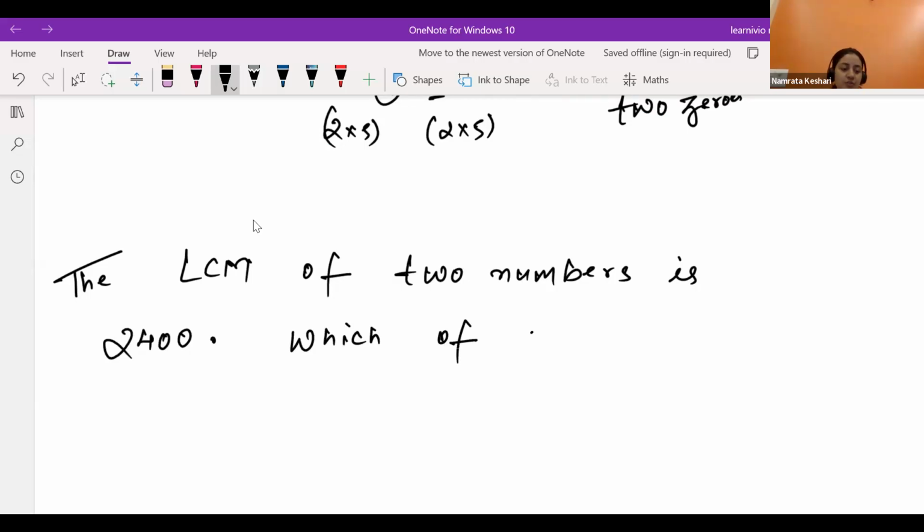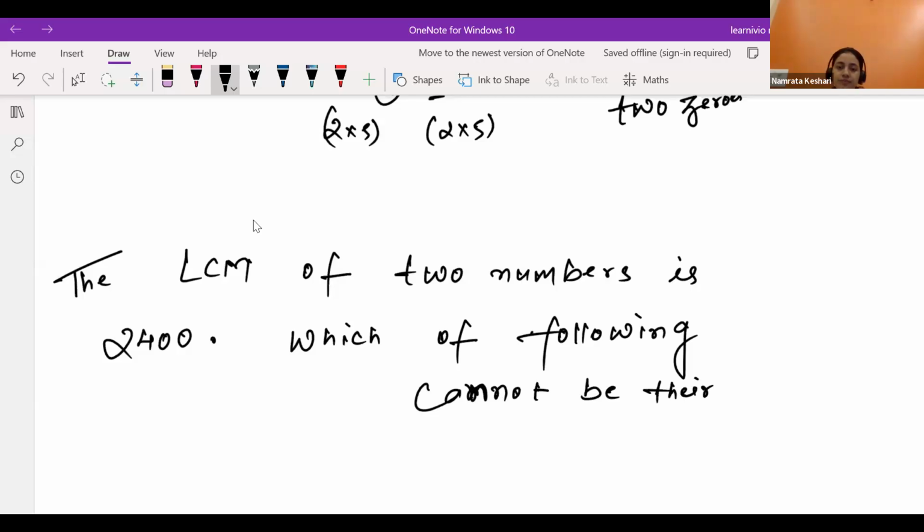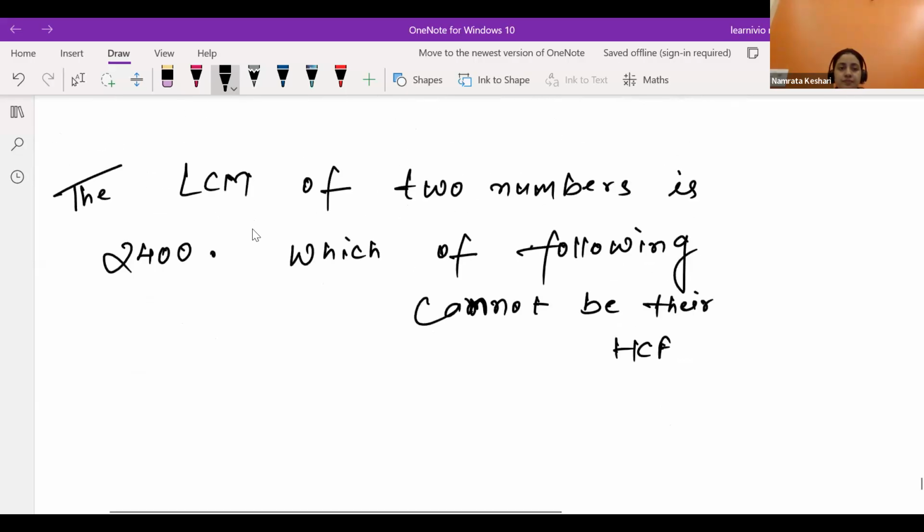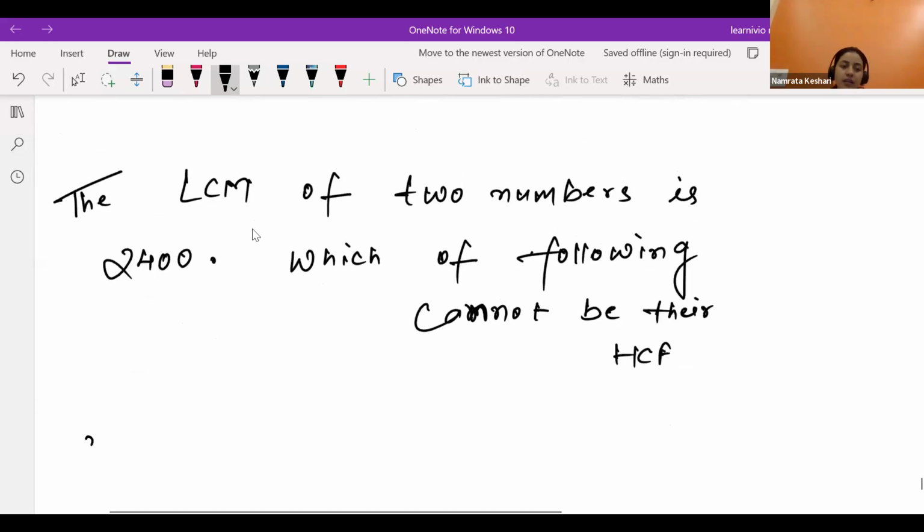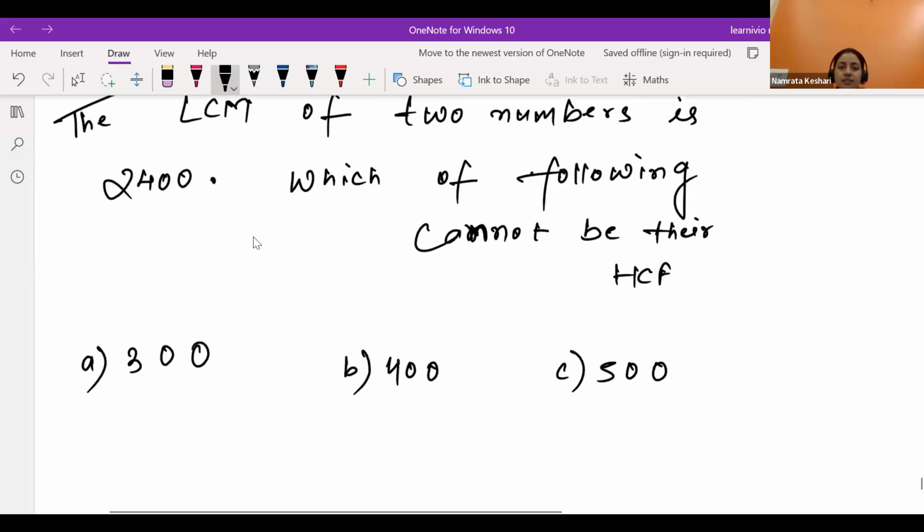I'm going to give the options over here. A 300, B 400, C 500, and D 600.